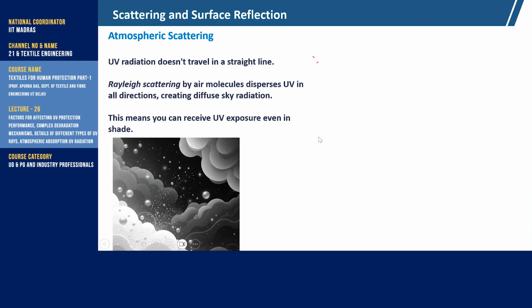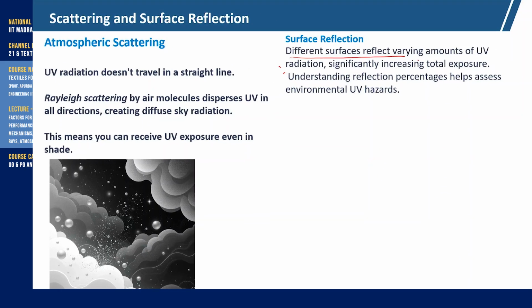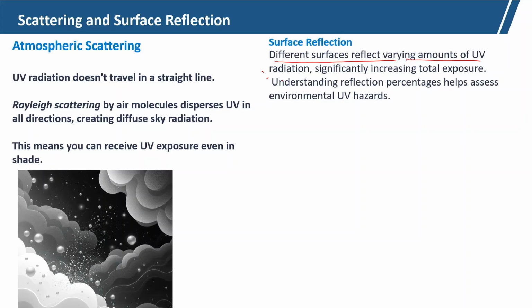So, there are different types of particles, and then surface reflection. As we have discussed, different types of surface, like snow or ice, reflect the UV ray. Different surfaces reflect varying amounts of UV radiation, which significantly increases the total exposure.